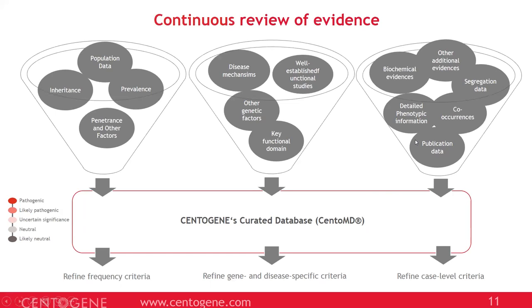So all these are coming to the database, and based on the newly observed evidence we look at whether there can be any jump between the 5 classes we have established at CENTOGENE, and then we can end up with refining frequency criteria or specific criteria on the gene, disease, and case level. And I'm really happy to know that this dedicated team is really enthusiastic and ready to react whenever such a change is detected.